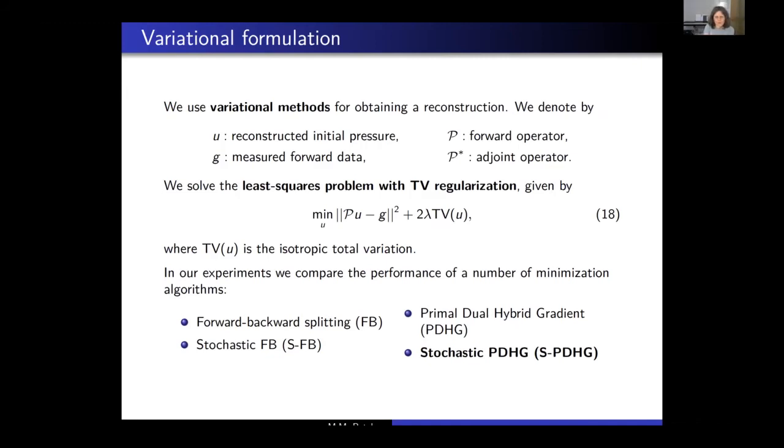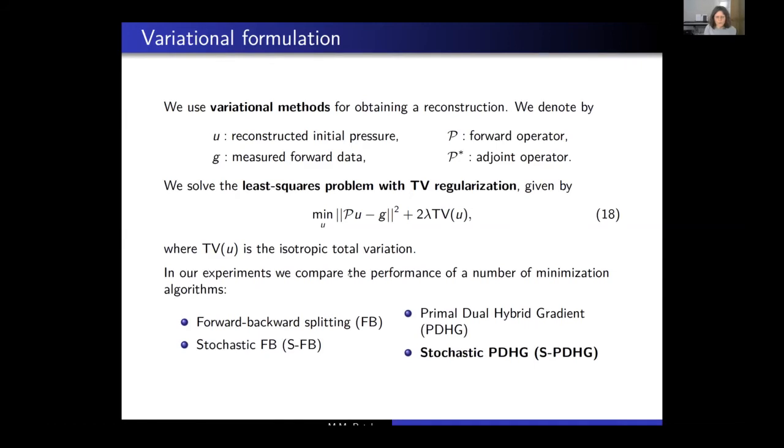So we are going to use variational methods. Our formulation is going to be a very simple one. We are going to use an L2 data fidelity term and total variation regularization. U is our initial pressure that we wish to reconstruct, G is our data, in line with the notation, and P is the photoacoustic forward operator. So this is the variational formulation that we wish to solve.